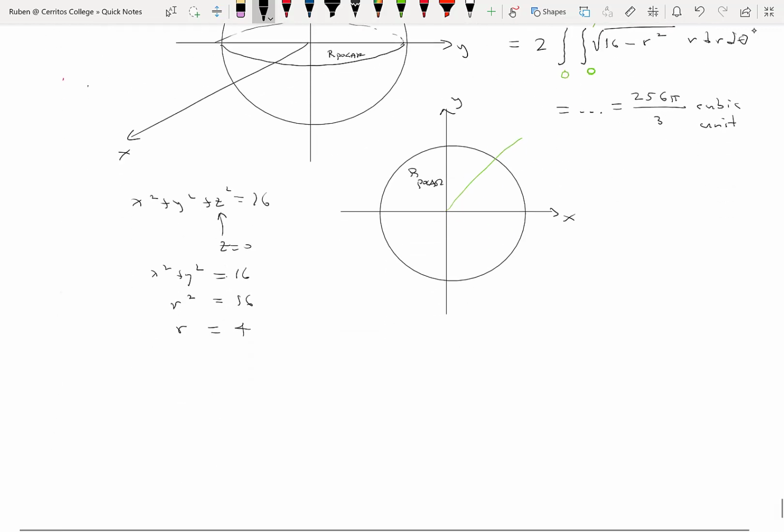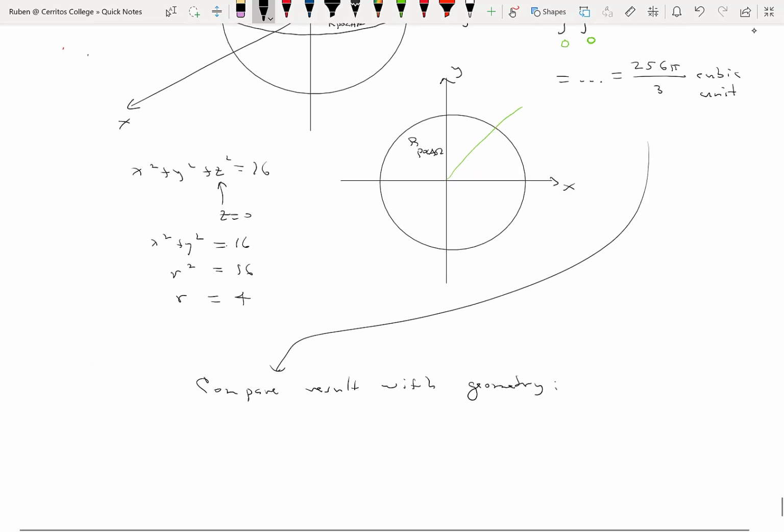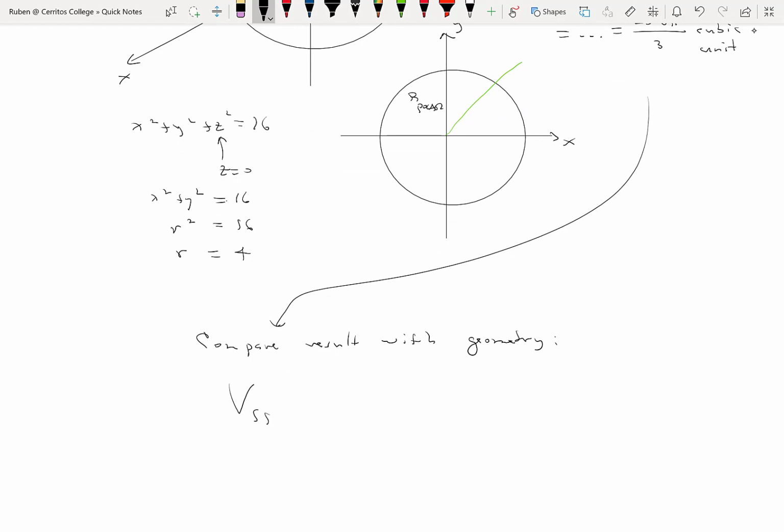But just to compare this result with geometry. In geometry, we learn the volume of a sphere is 4/3 pi r cubed.